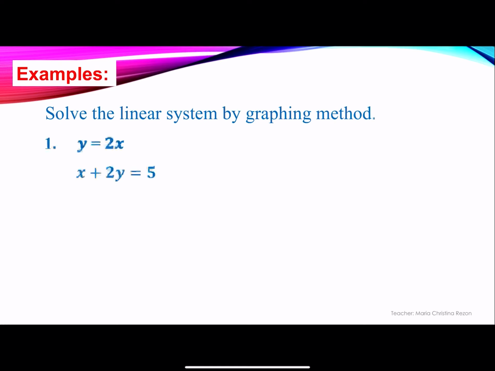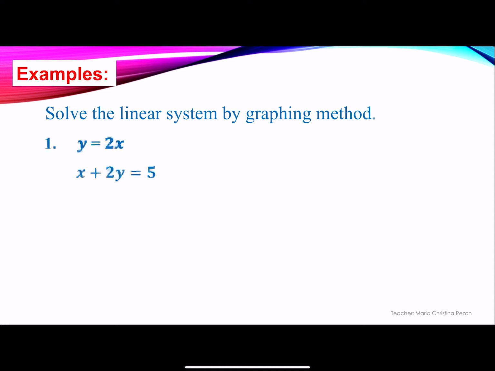You can do that as well. Or you can find the x and the y-intercept of the equation, and then you can plot it in your Cartesian plane. So that's how to graph linear equations.